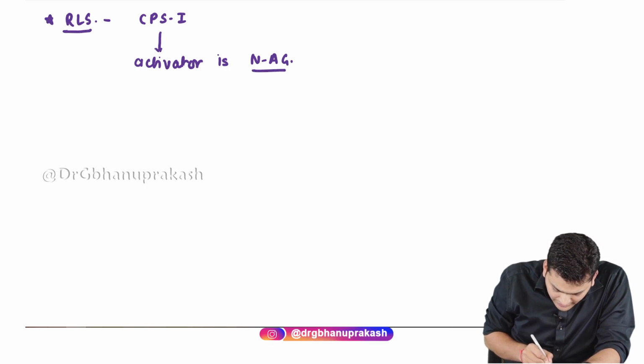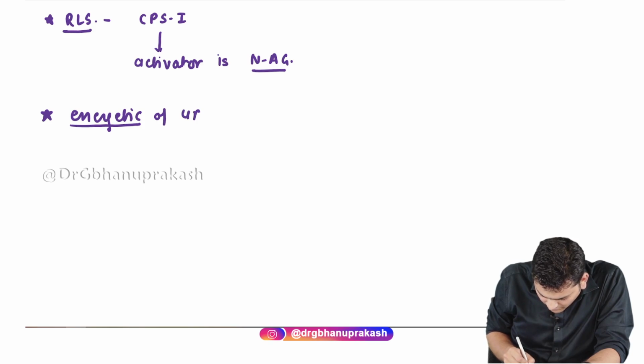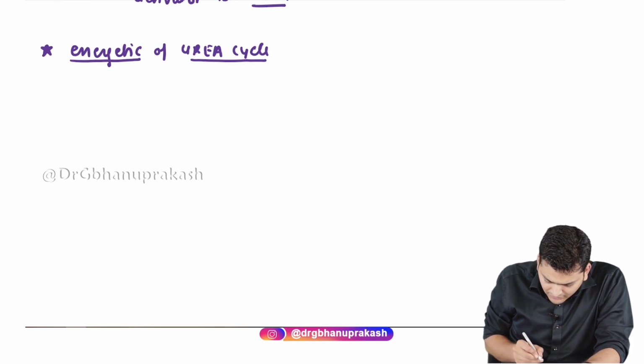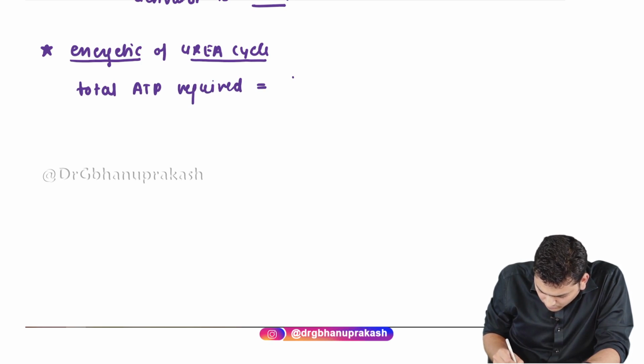Then the next point they ask is the energetics part. The energetics of the urea cycle means how much energy is required in the urea cycle. When it comes to the energetics part, the total ATP required is 3 ATPs.